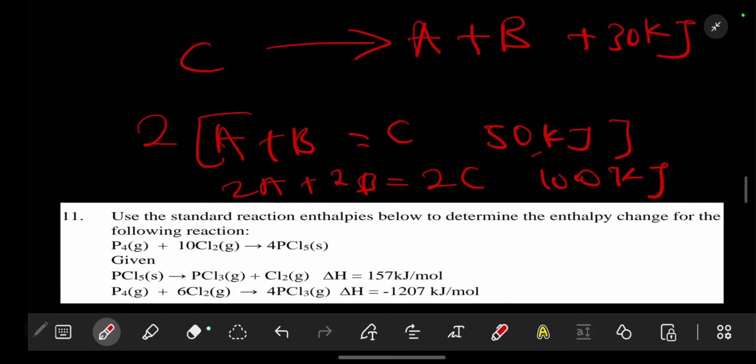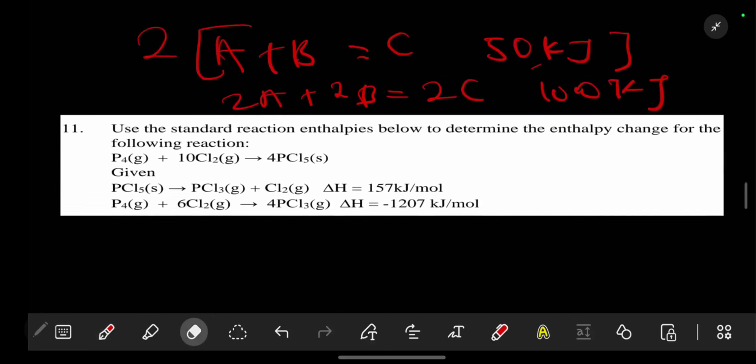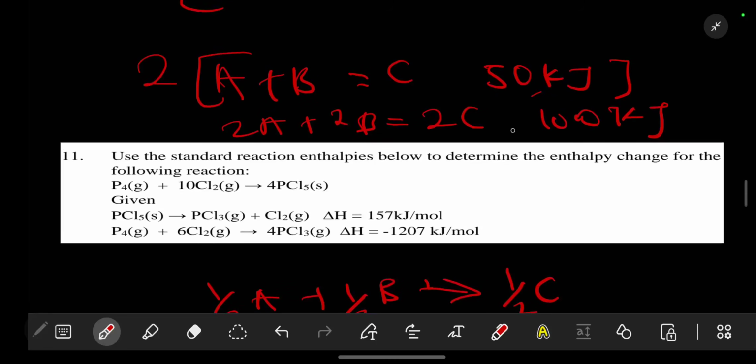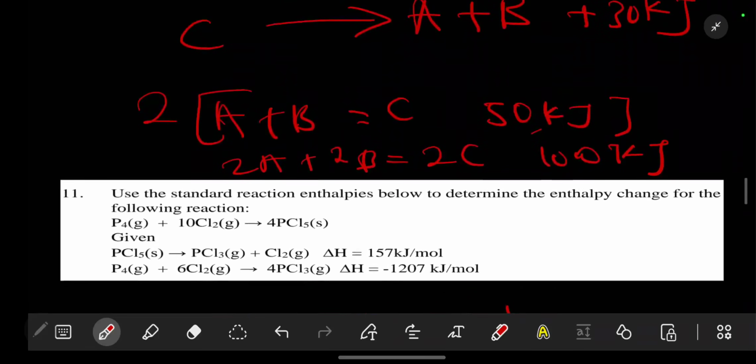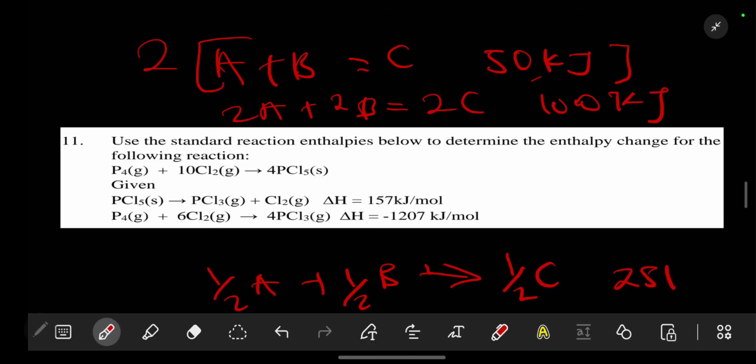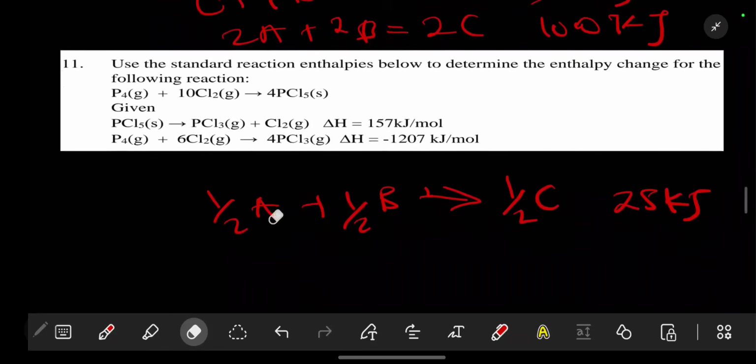Likewise, if you multiply by half, so that the equation becomes half of A plus half of B producing half of C, then half times 50 will give you 25 kilojoules. So that is how we do these calculations.